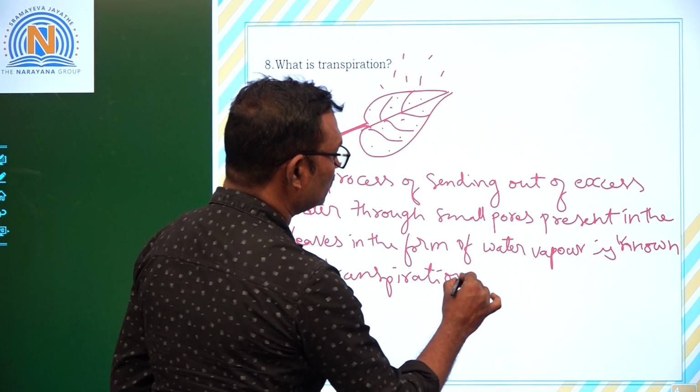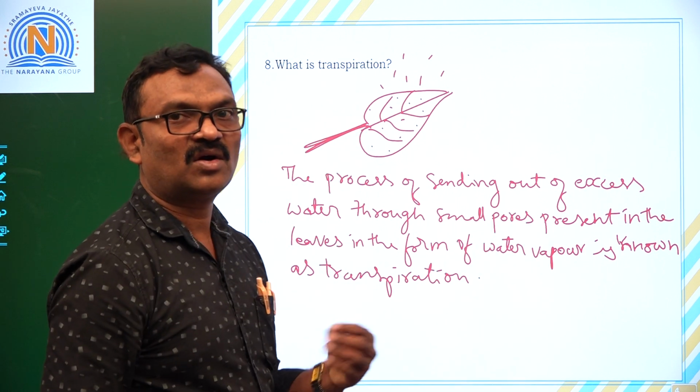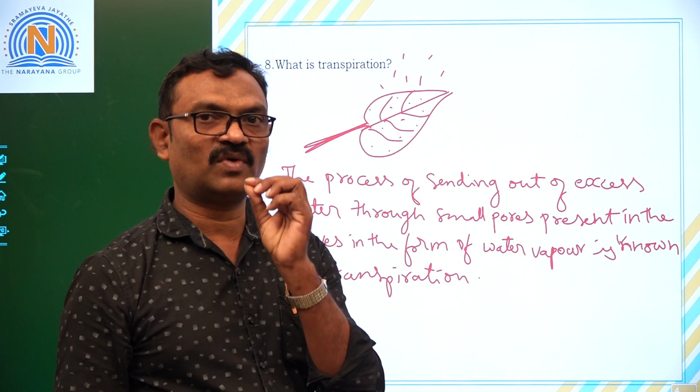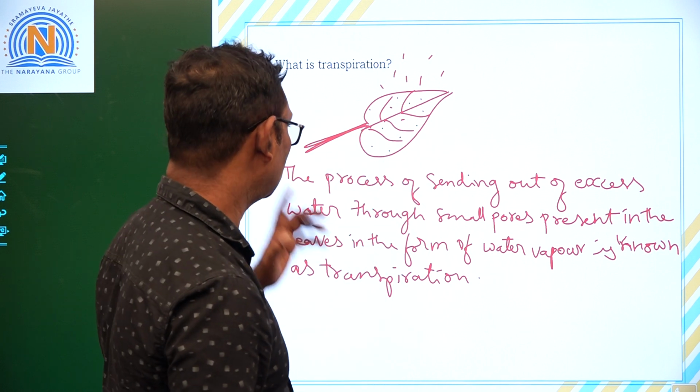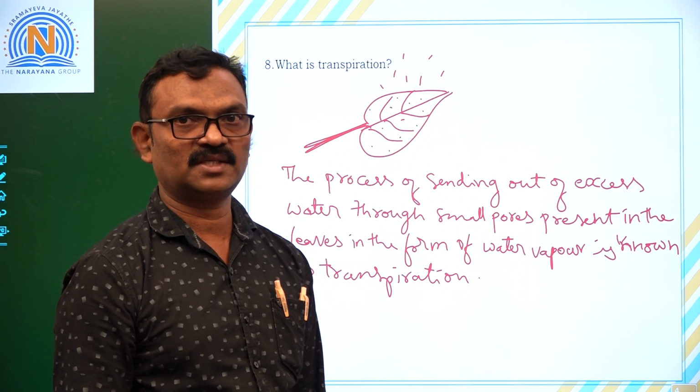So transpiration means nothing but sending out excess water in the form of water vapor through the holes present in the leaves of the plant. So this is the key of today's assignment.